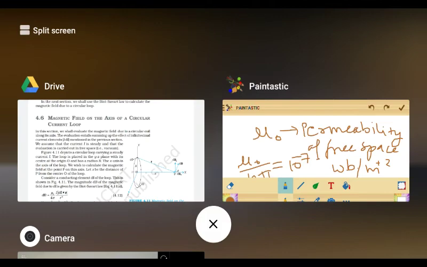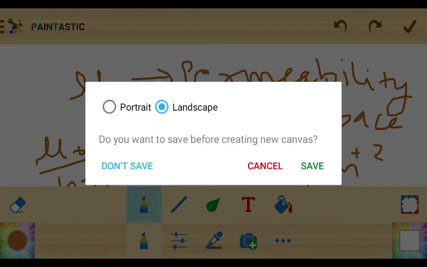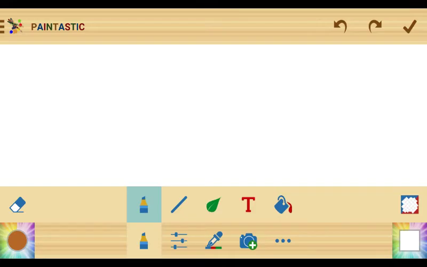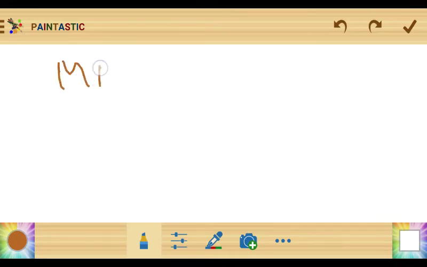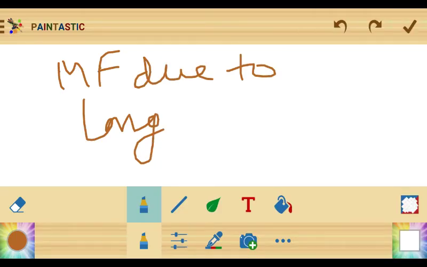To explain that, I have to again use my whiteboard. I'll write: magnetic field due to a long straight conductor carrying current. That is much important.